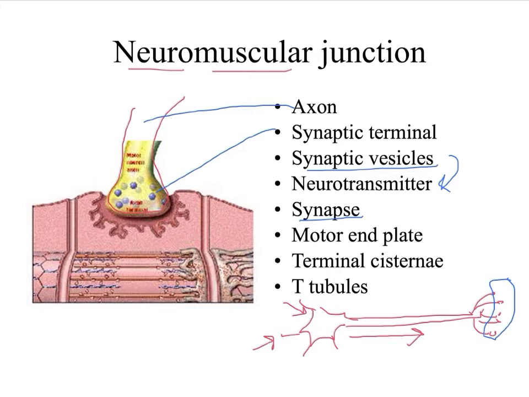For our purposes right now, we're talking neuromuscular synapses. So this entire area is going to be your synapse. Go ahead and notice that there is a space between the muscle cell, which is this part, and the neuron, which is this part.